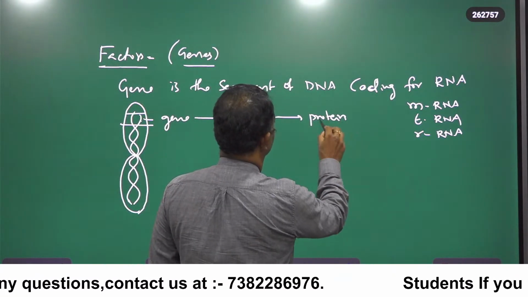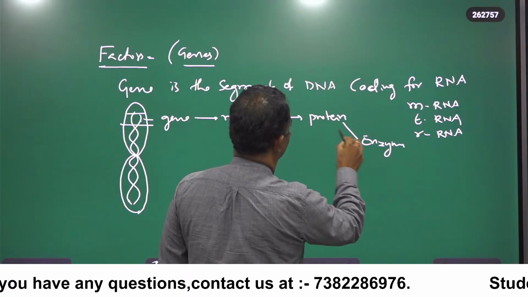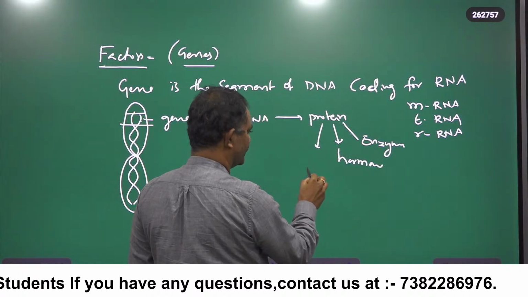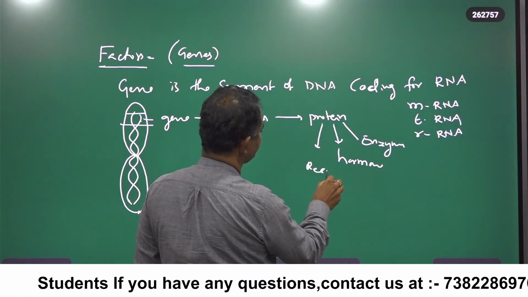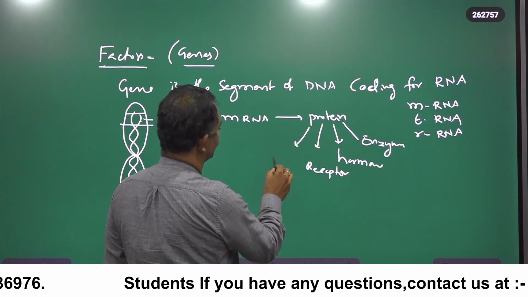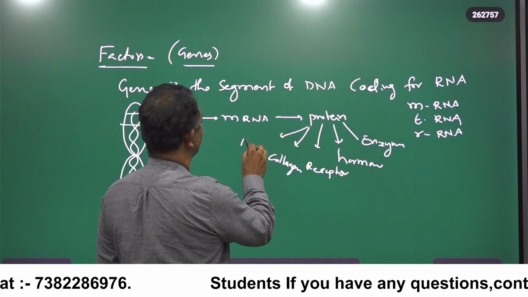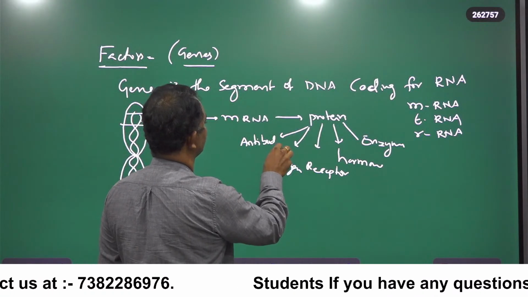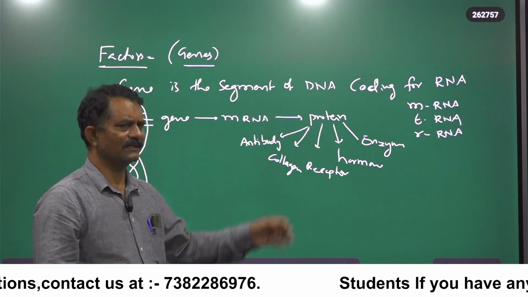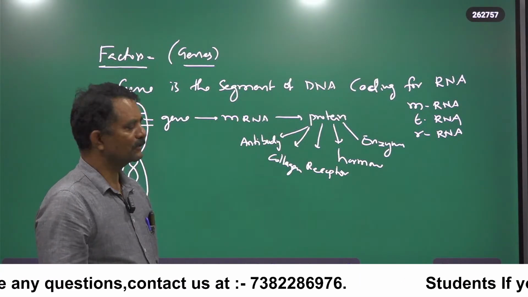The protein may be an enzyme, a hormone, a receptor, collagen, or antibodies. So these are all proteins. Proteins are converted into everything. A protein may be melanin. These are all phenotypic characters.